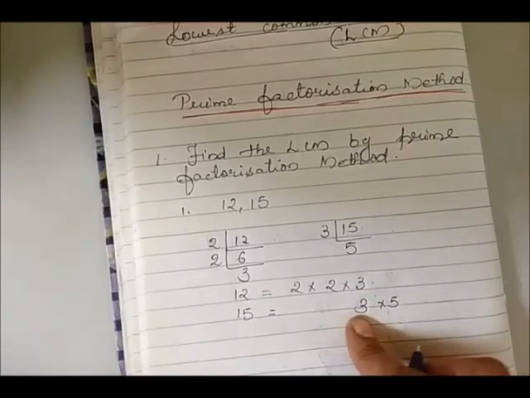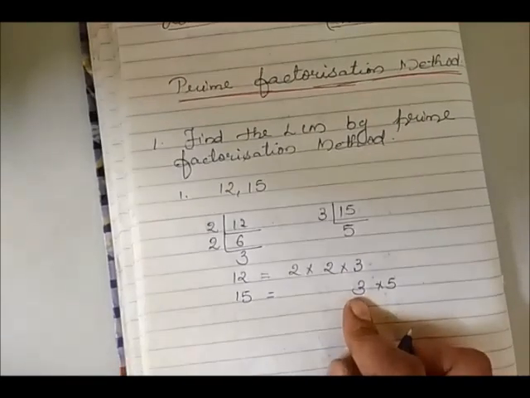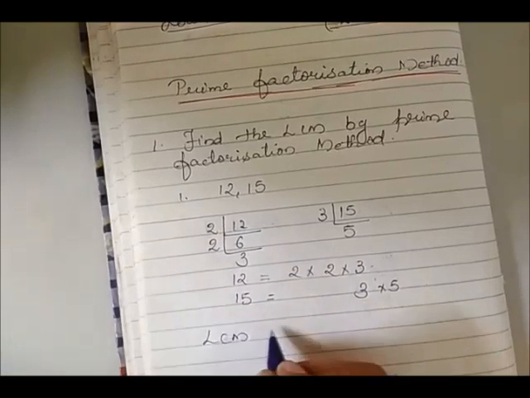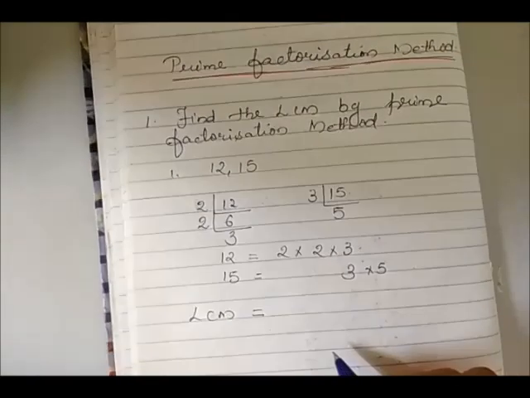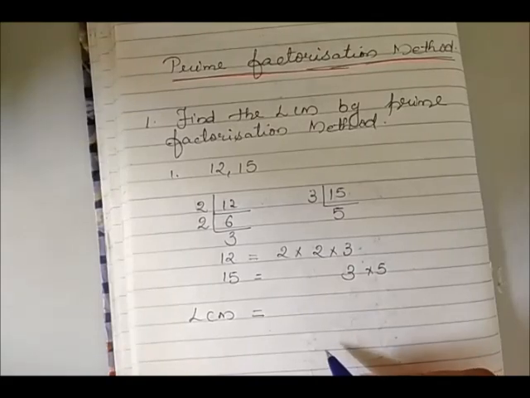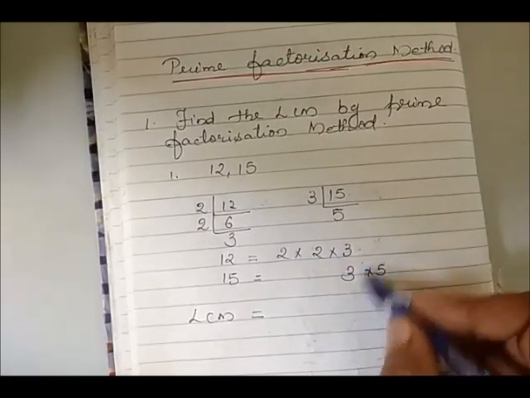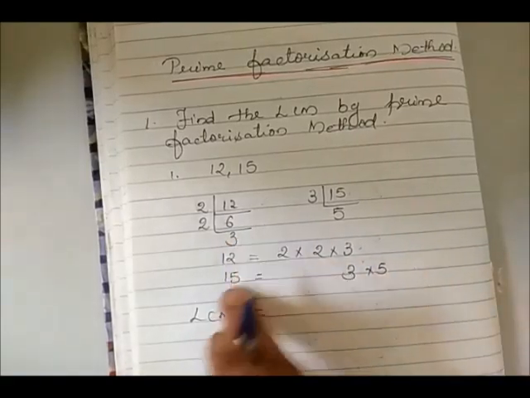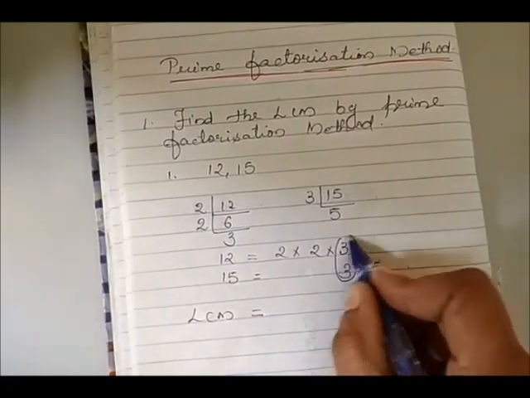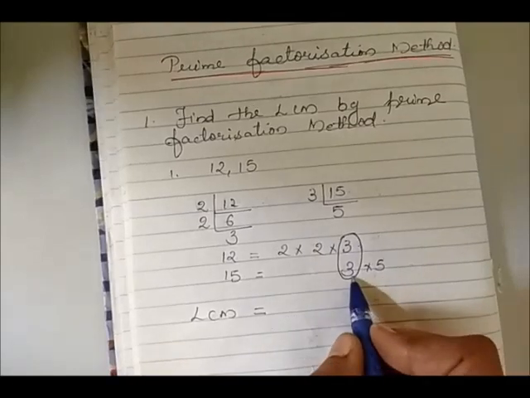Now we have to take LCM. So how to take? First you have to see whether any prime factor is repeating in both the numbers. Here 3 is repeating, so we will take only one 3 from this.